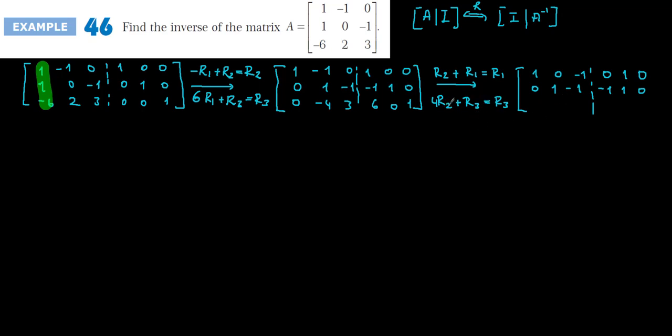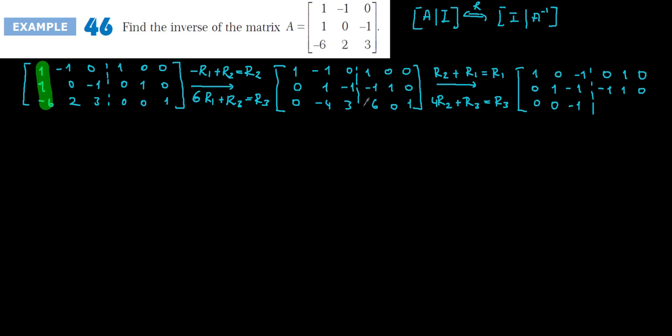And 4 times R2 plus R3 should be new R3. 4 times 0 plus 0 is equal to 0. 4 times 1 minus 4 is equal to 0. 4 times minus 1 plus 3 is going to be equal to minus 1.